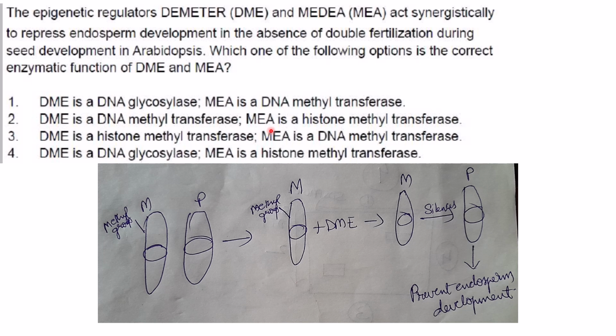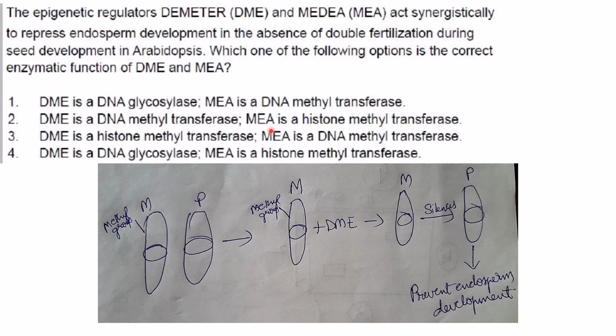The DNA glycosylase removes the methyl groups from the cytosine bases, and it will help in the activation of transcription of that particular DNA. That is what DNA glycosylase as epigenetic regulator does here.